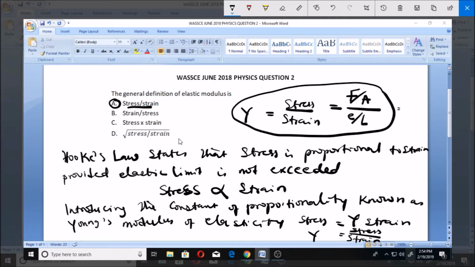So this expression is the same thing as saying force over area all over the increase in length, which I will call here extension, all over the original length. So that is the statement of Hooke's law explained more, where the elastic modulus is equal to stress over strain, because both of them are proportional. So that is the answer. Thank you.